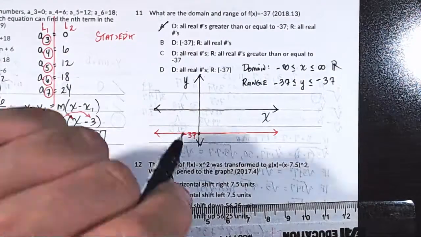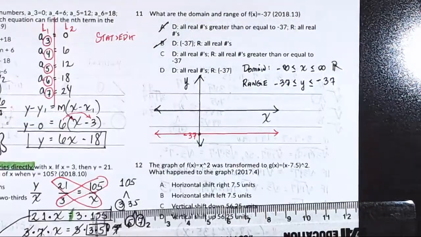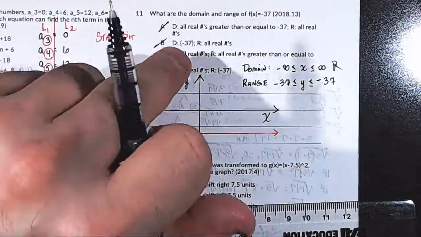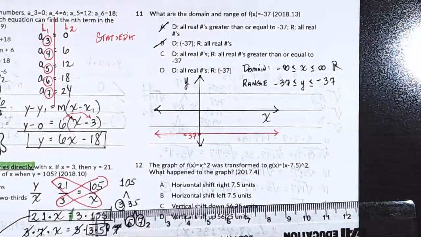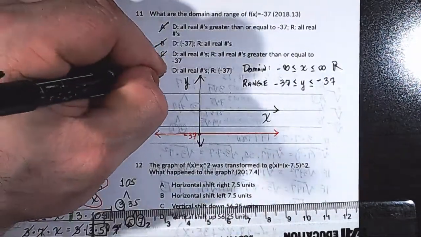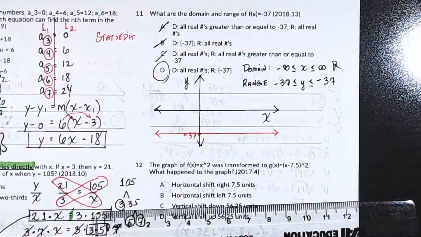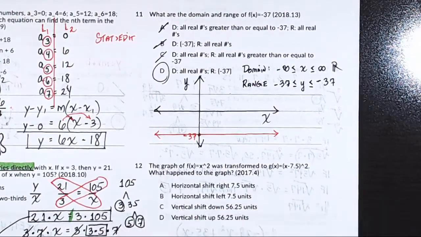No, we said the range was negative 37. How about C, D, all real numbers? Okay, that's correct. C, all real numbers greater than or equal to negative 37. No, it's just negative 37, not any numbers greater than or equal to. So it's not C, therefore it's D: all real numbers for the domain, and the range is just negative 37. Okay, that's the answer to number 11.